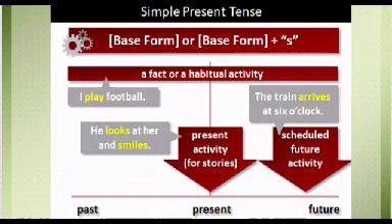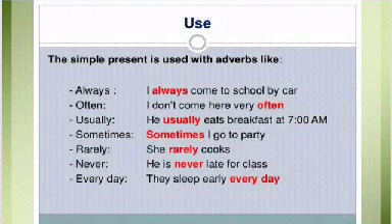Then we are adding s to the main verb because we are talking about third person singular number. Then when we talk about any schedule or any future activity, like the train arrives at 6 o'clock, it is talking about the fixed time and it won't change in the future also. Then we can use s with the main verb.